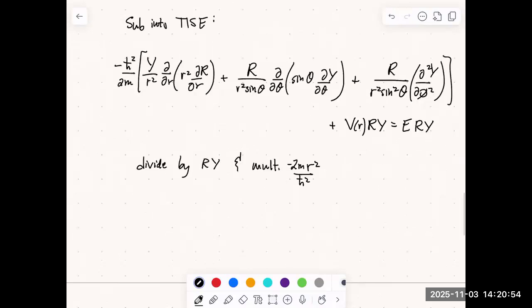Okay, so let's see, what are we going to get in that case? So all of this will be gone. We divide by the Y, so we end up with just a 1 over big R. And then we have a d by dr, r squared, dR dr.